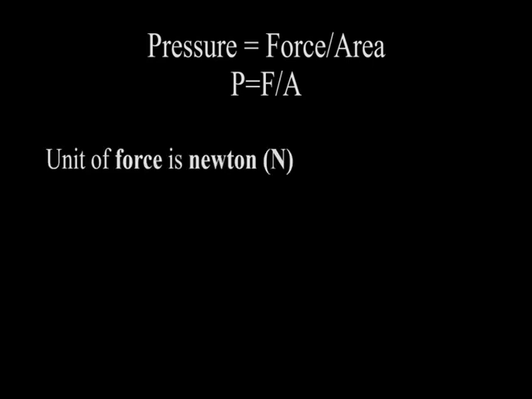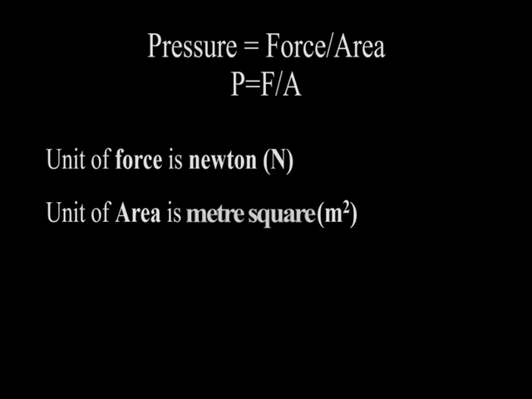Now, let us talk about the unit of pressure. We can find the unit of pressure from the unit of force and unit of area. The unit of force, as you know, is Newton, denoted by capital N, and the unit of area is meter square.